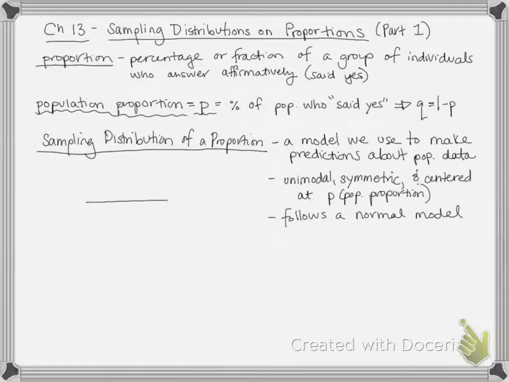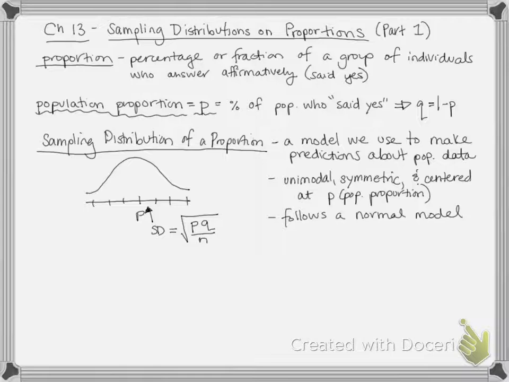That means the picture looks something like this, where p is in the middle, and we compute the standard deviation, with 3 on either side. Remember this normal model from way back when. So the standard deviation in this case is the distance between p and this first mark. And that's computed by a little bit of a scary equation. We take p, multiply it by q, divide by n, and take the square root.